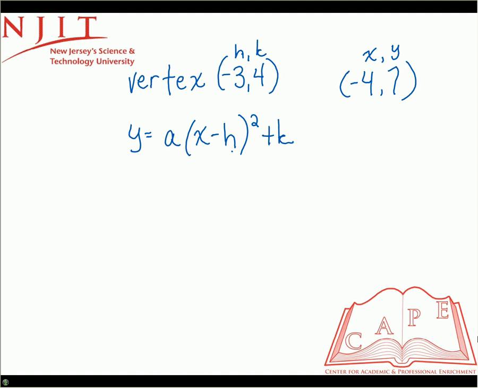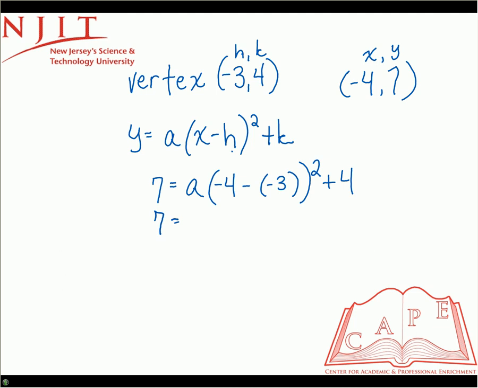So if we do that, we know our y is 7 equals, we don't know a yet, that we still have to get, but we know x in this case is -4, minus h, which is -3, so here we have a double negative, so please be aware of that, squared, plus k, and k here in this case is 4. So let's simplify this a little bit.